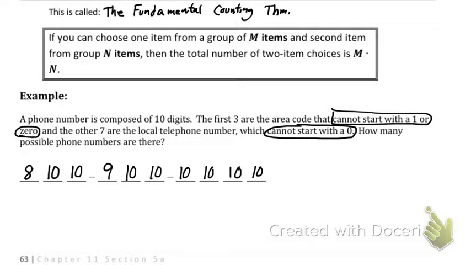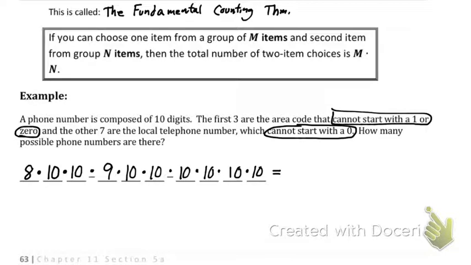So by the fundamental counting theorem, we're going to do 8 times 10 times 10 times 9 times 10 times 10 times 10 times 10 times 10 times 10. Now, you're most likely going to want to plug this in your calculator. You really don't need your calculator, though. Let's break this down a little bit.